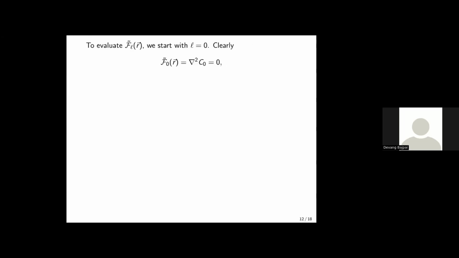Now we will start plugging in the values of different L, starting with L equal to 0. For L equal to 0, you can clearly see that the first term is constant, so its derivative will be 0. Similarly for L equal to 1, the first term gives us a constant and the second derivative easily vanishes, so L equal to 1 is also going to give the same value, that is 0.